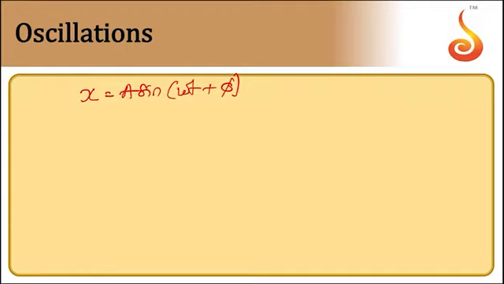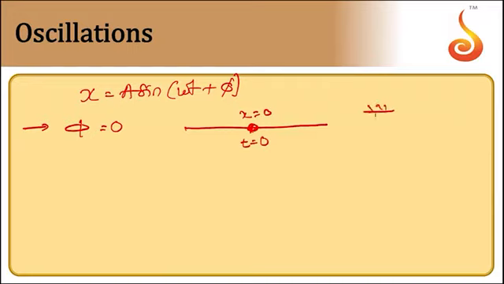Now, suppose I consider phi is equal to 0. Initial phase is 0. What does it indicate? Let's assume that the mean position is here. It implies that the particle starts the journey here at t is equal to 0. For example, consider a simple pendulum.